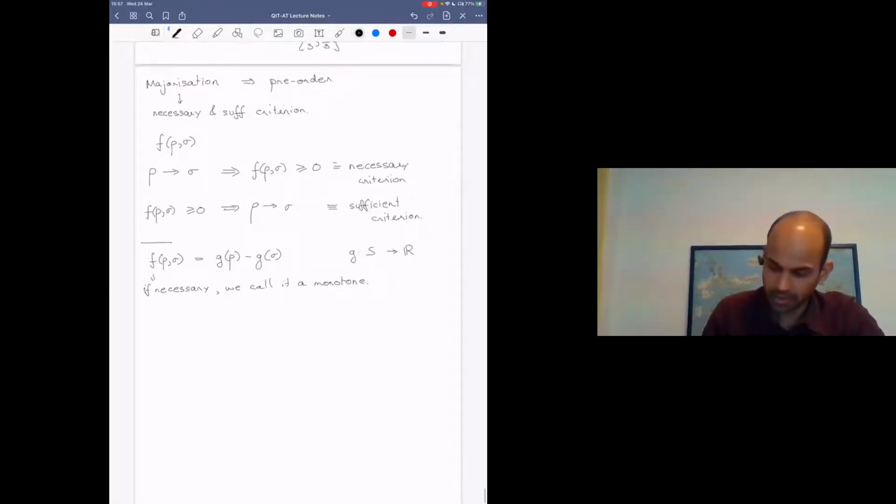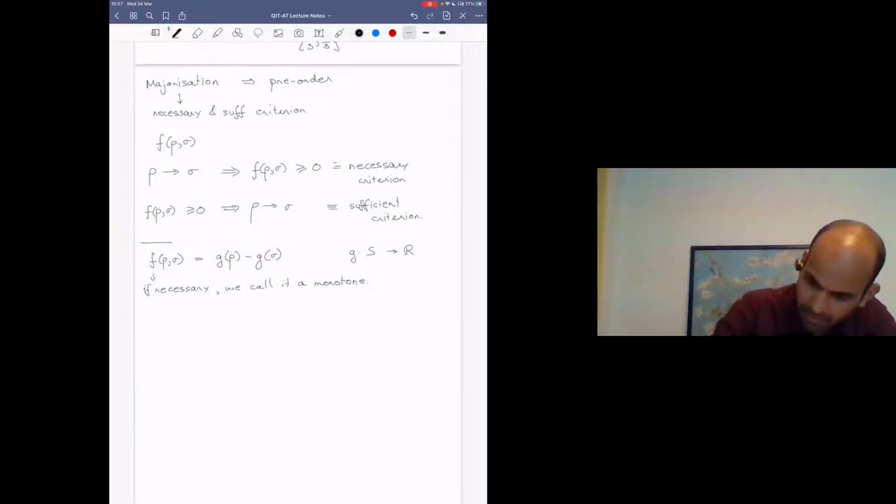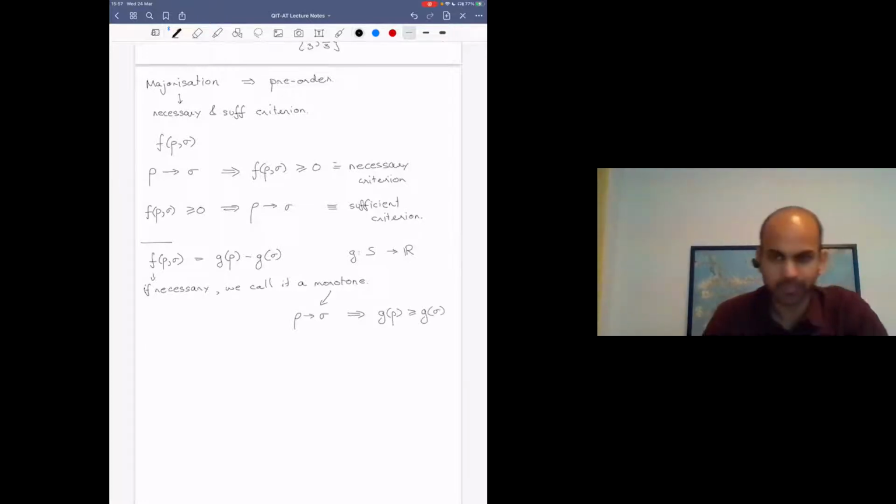Right. So what does this mean? It means that a monotone is something for which, again, if rho can go to sigma, it must imply that g of rho must be greater or equal to g of sigma.